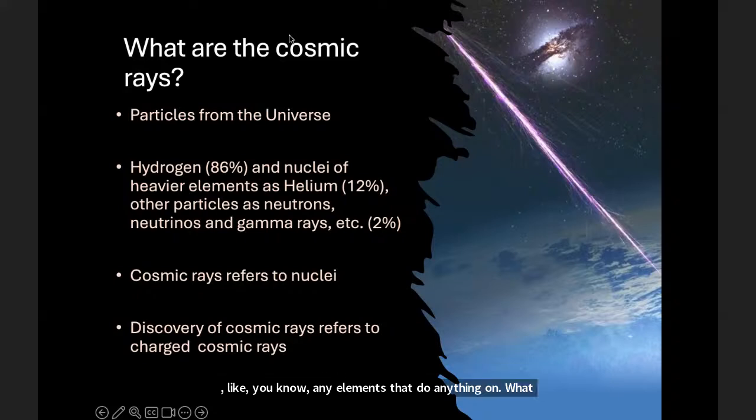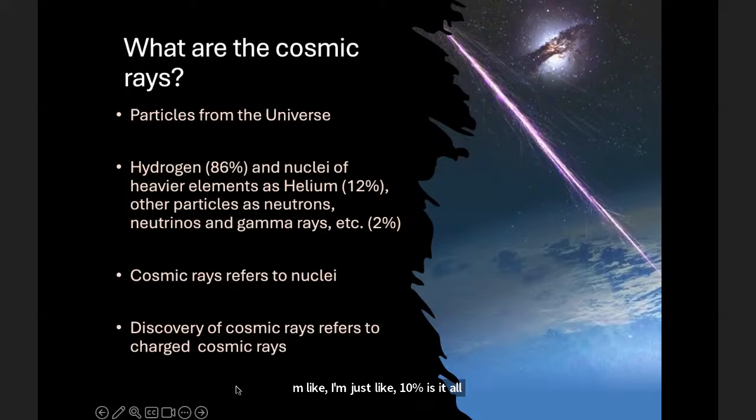What is interesting is that most of them are hydrogen, like 80-something percent, and a few of them, like 3 or 4%, 2%, are helium. And just a tiny percent is the other elements.